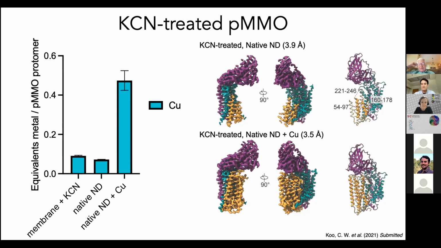But anyone else in the community would like to chime in on how to distinguish a copper from an iron from cobalt? Those are pretty difficult. Anyone? I haven't heard of anything. So something for us to work on.